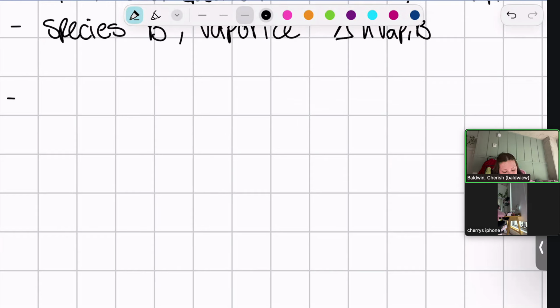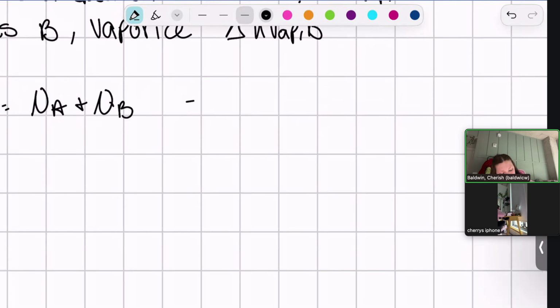That means the net molar flux is equal to the molar flux of A plus B. So that gives us the molar flux of A being equal to the negative molar flux of B.